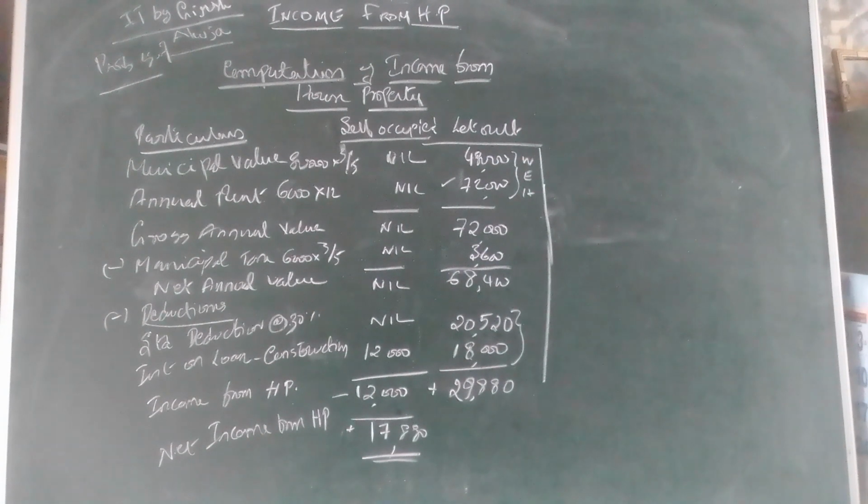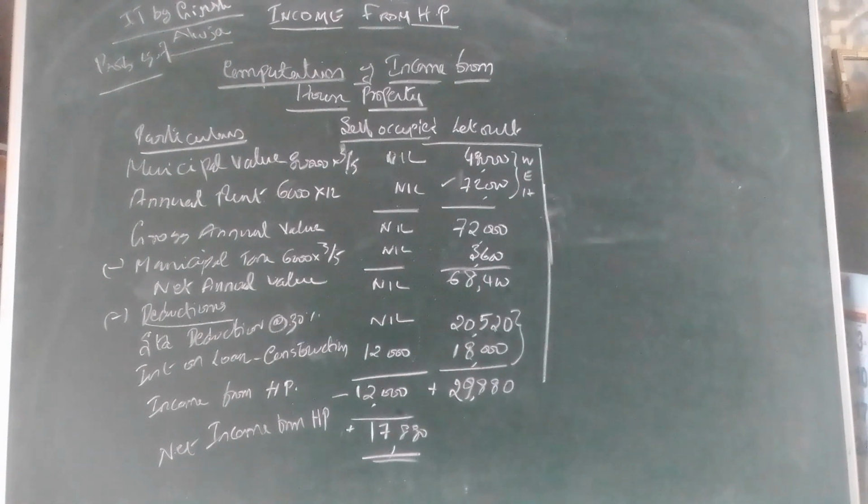Gross annual value, you know very well, is whichever is higher, municipal value or annual rent. Then minus municipal tax. The total amount of tax is given as 6,000. On that, the let out portion is 3/5, so we take the proportionate amount, that comes to 3,600.